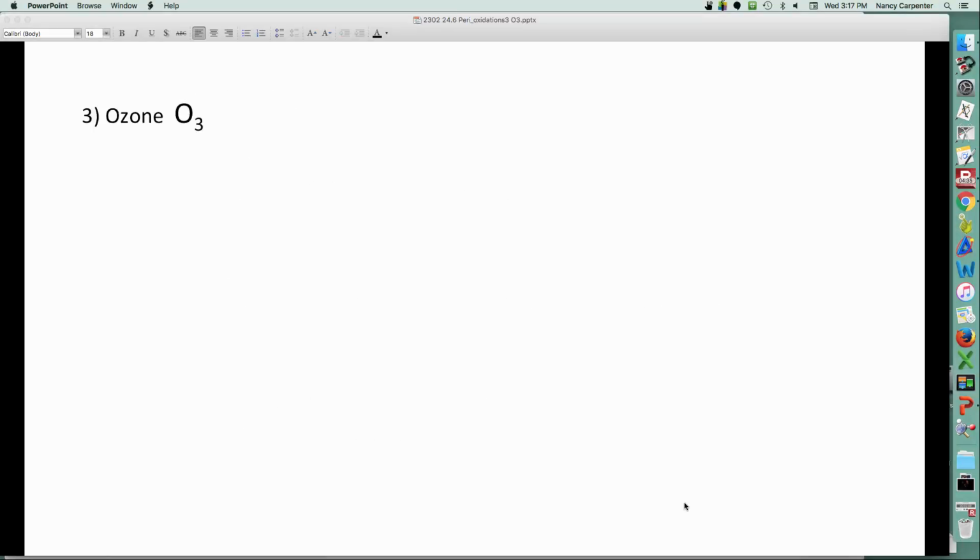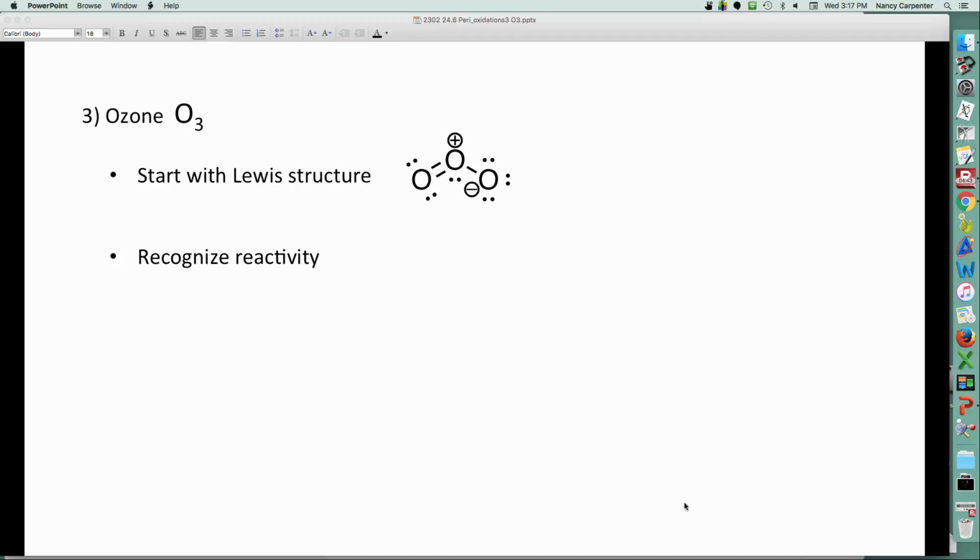Well, as usual, start with the basics. Start with the Lewis structure. And when you look at the Lewis structure for ozone, you see some pretty normal reactivity. You see on one oxygen, I've got clearly a nucleophile, and on the other oxygen, I have clearly an electrophile. Right?